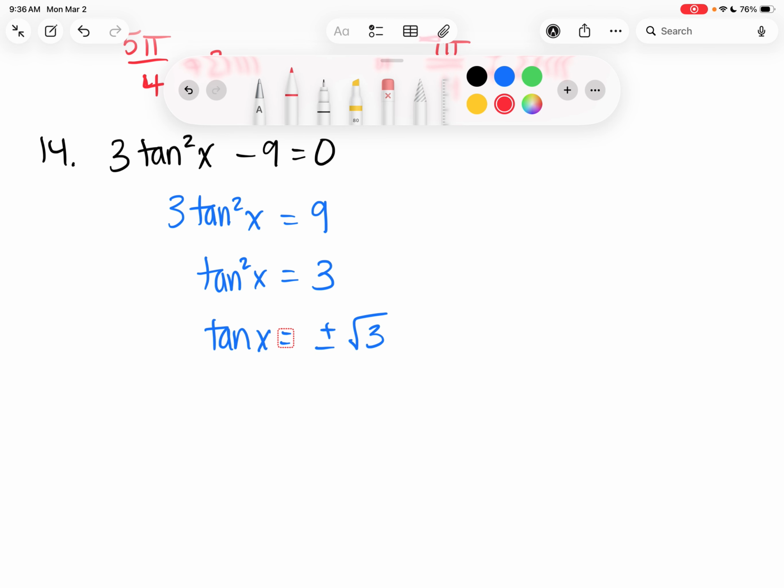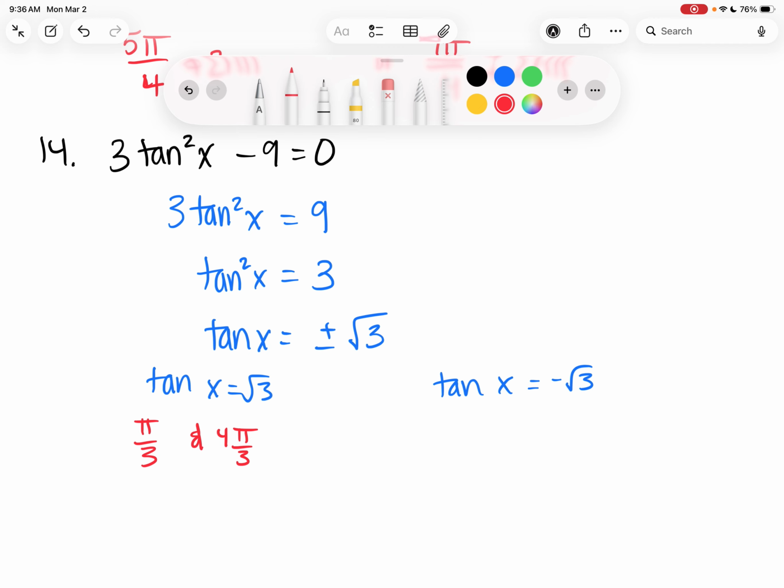Where is tangent positive square root of 3? 4 pi over 3. What was the second one? Pi over 3. Yep. So at pi over 3 and at 4 pi over 3.